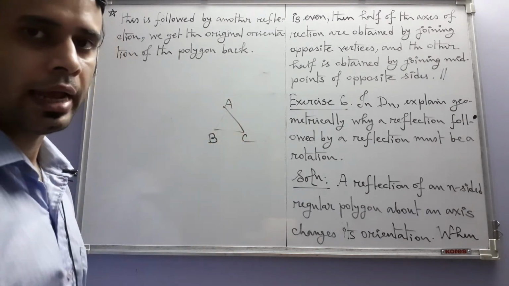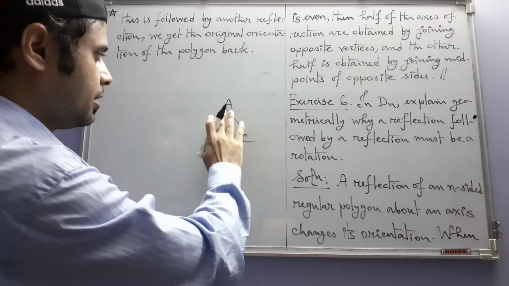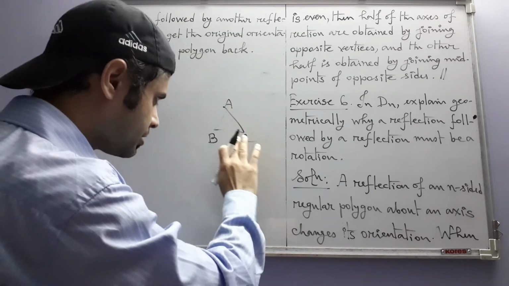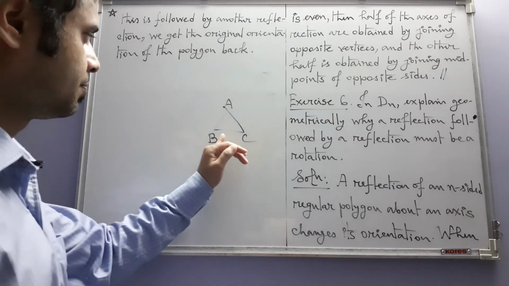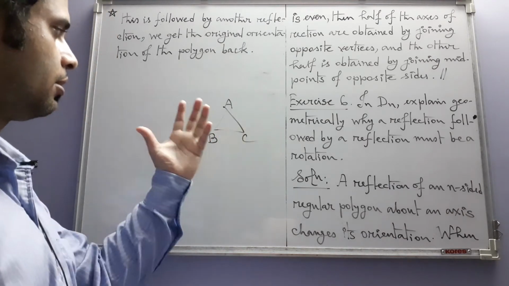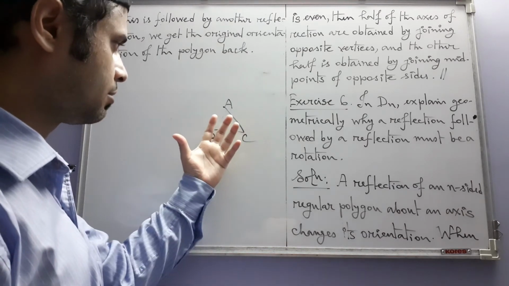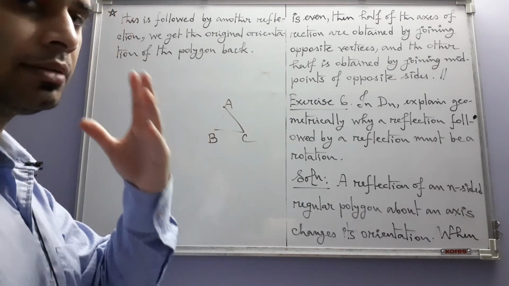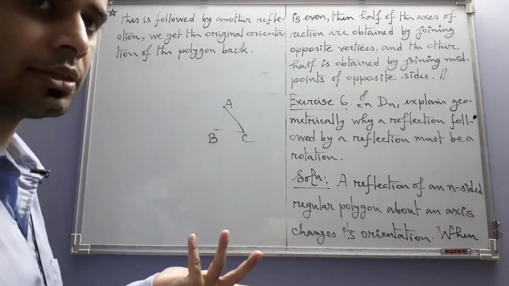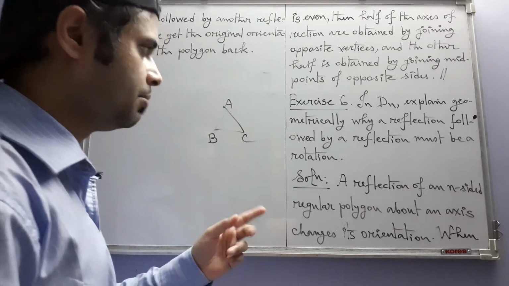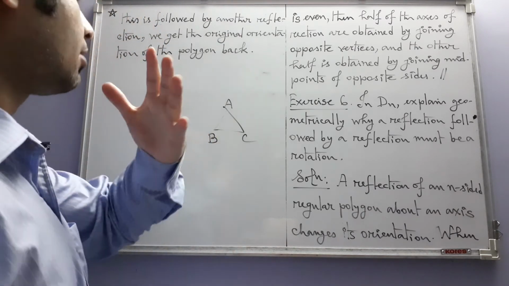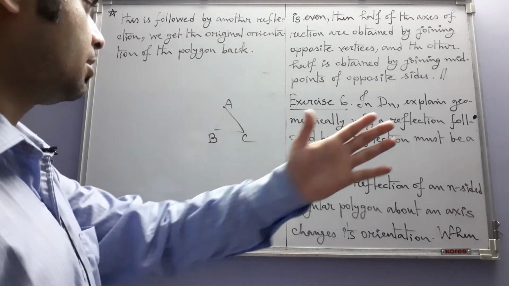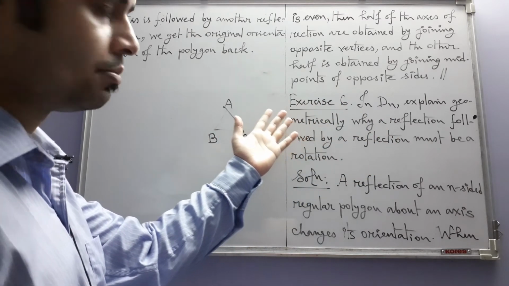Irrespective of the axis of reflection, whether it is this axis or this axis or this axis, the same thing happens. Of course, the way the triangle is looking at you may change. You may look somewhat different after the flip, but that fact remains constant: you are on this side, then after the flip you move to that side.